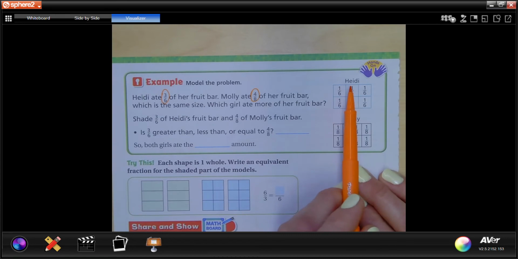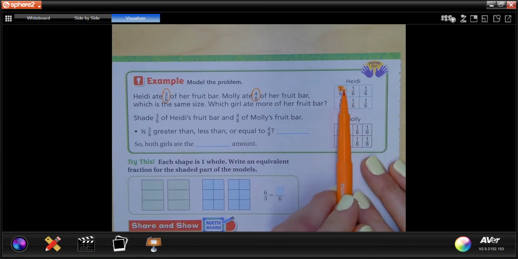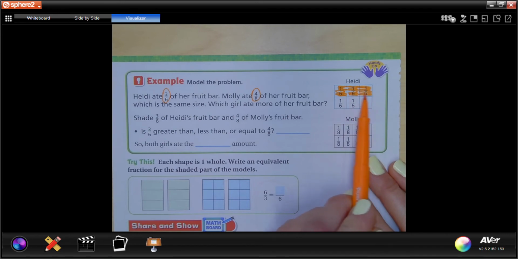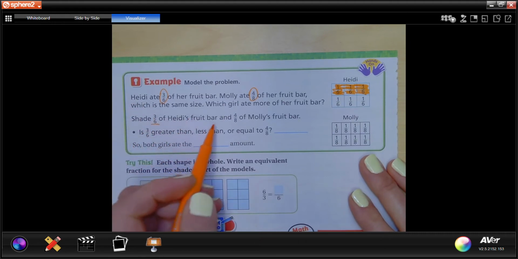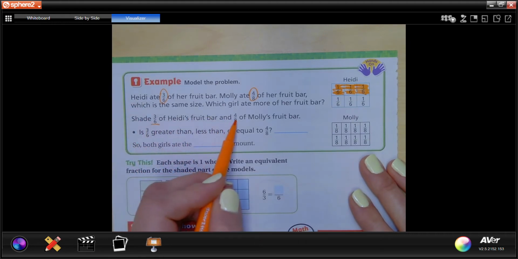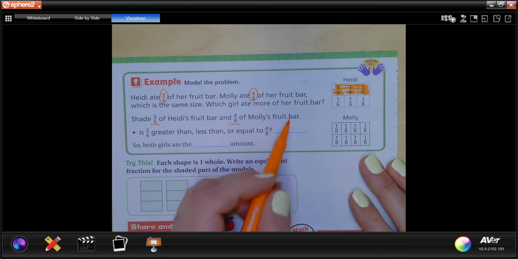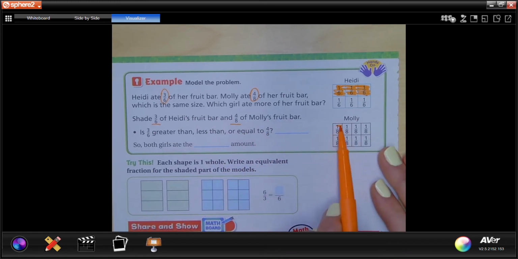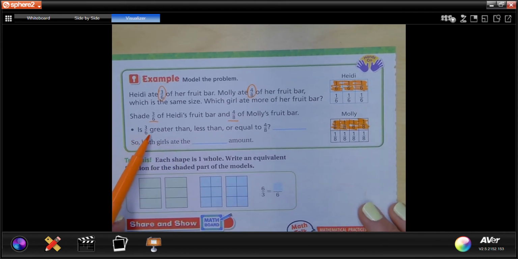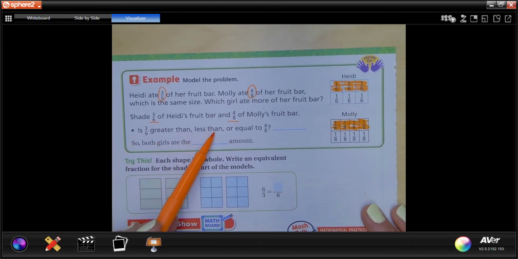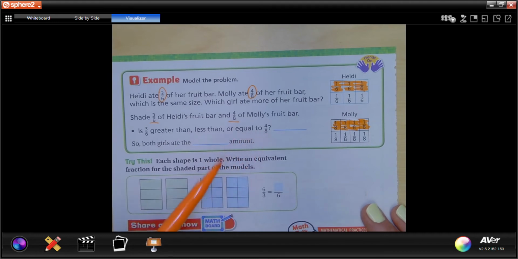Here's Heidi's. 3 out of 6 we're going to shade. 1, 2, 3 out of the 6. Then we're going to shade 4/8 of Molly's fruit bar. Here's Molly's. 1, 2, 3, 4/8. Is 3/6 greater than, less than, or equal to 4/8?